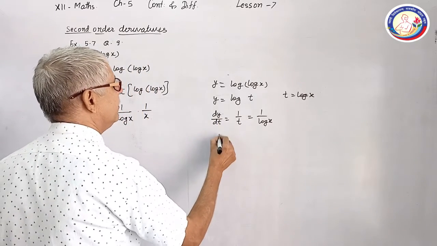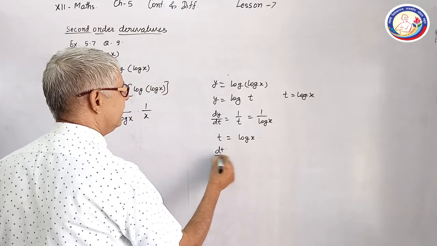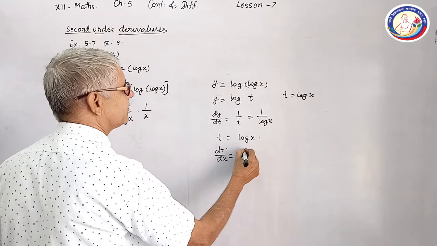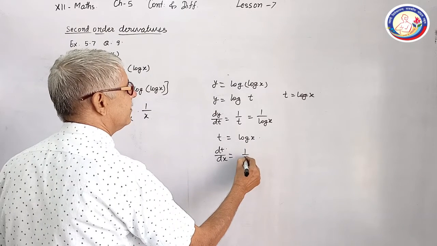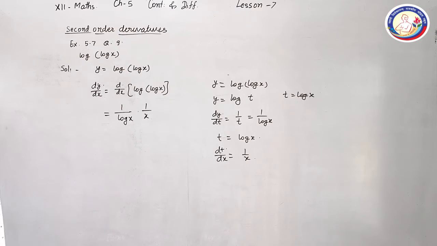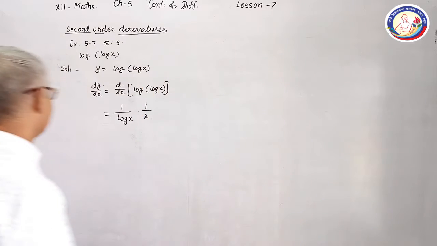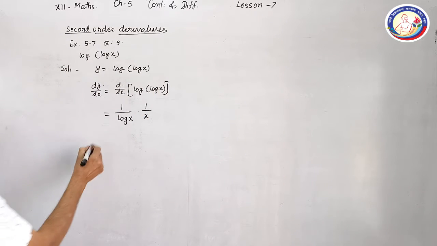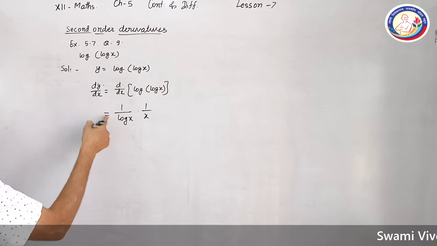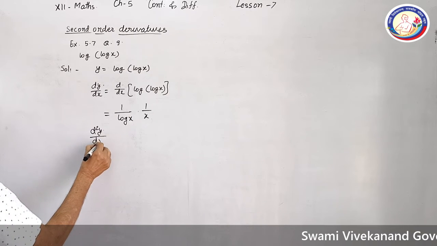Now, t is equal to log x, so derivative of t with respect to x will be derivative of log x, it is 1 upon x. So this is the result I have written directly here. Again find derivative of this, second order derivative of this y, and it means derivative of derivative.